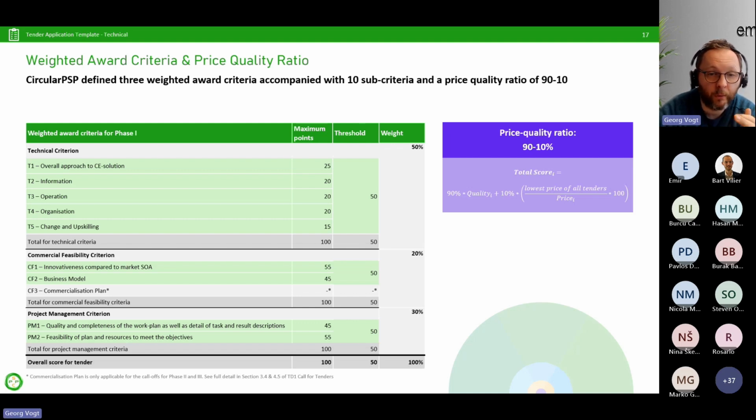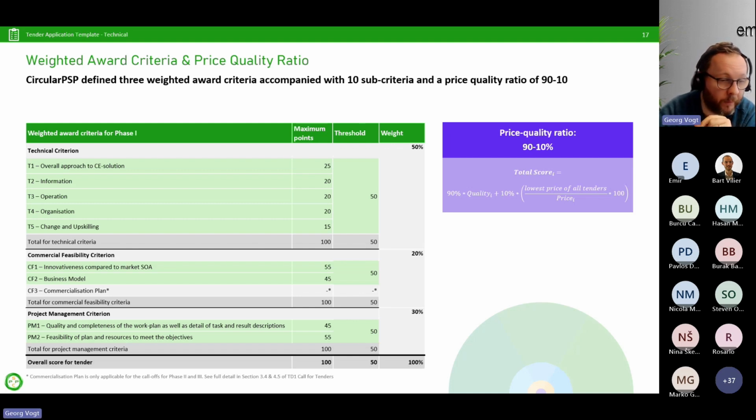The price quality ratio is 90-10, so this means the final score is 90% quality and 10% price. Yeah, the formula for price is the same as always: lowest price divided by your price times 100 times 10%. So there you go.